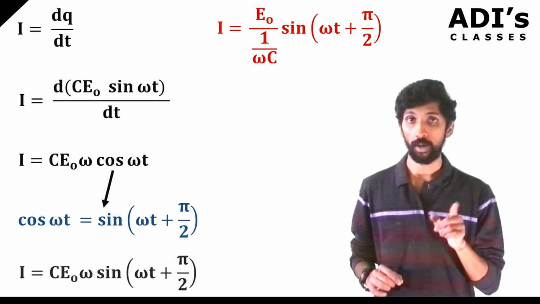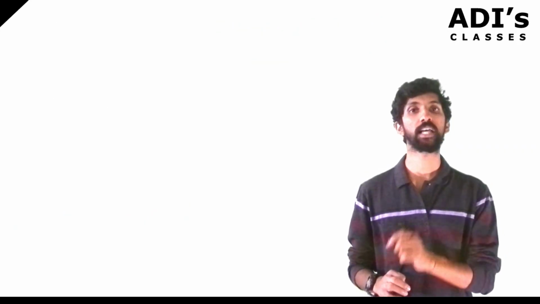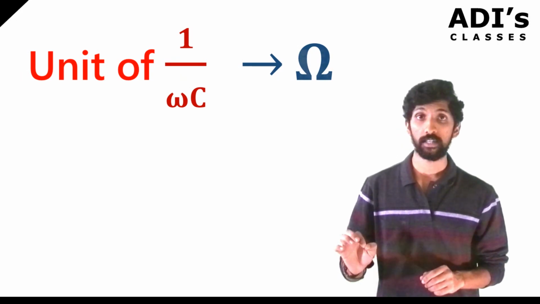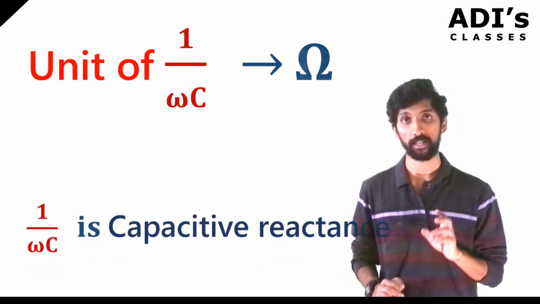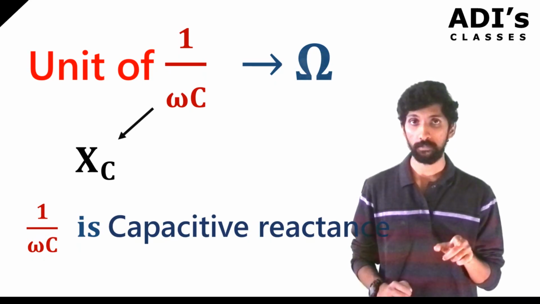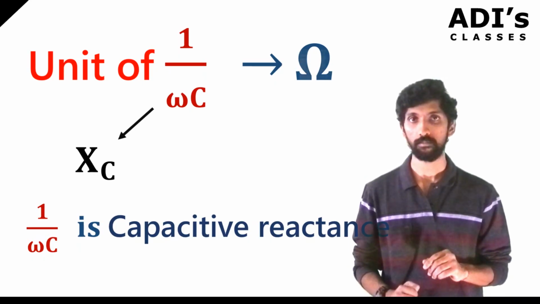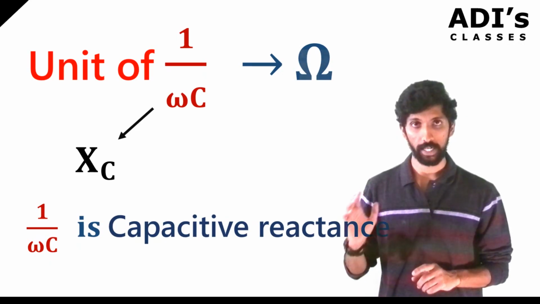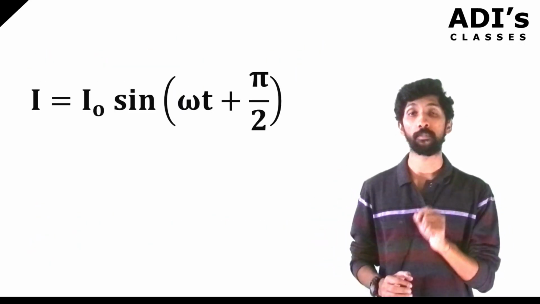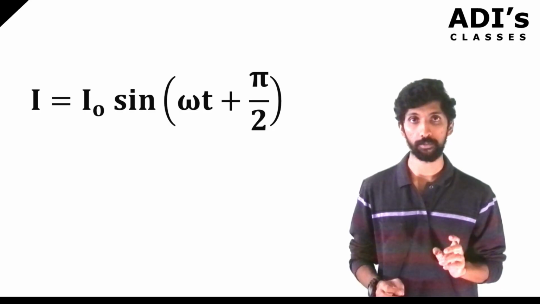See here, 1/ωC has the same unit as that of resistance, so we call that the capacitive reactance, or X_C = 1/ωC. Now you get I = I₀ sin(ωt + π/2).